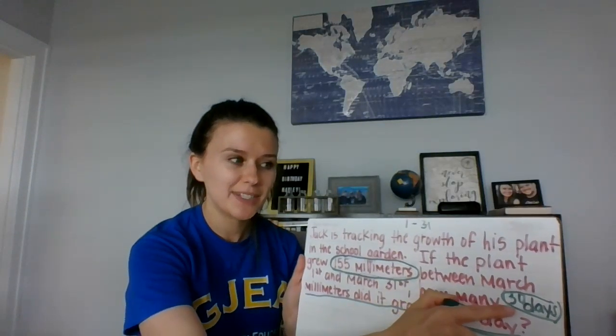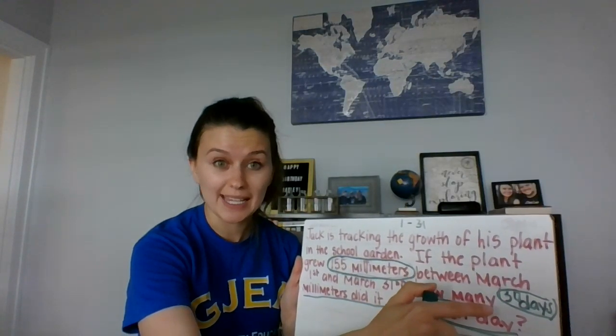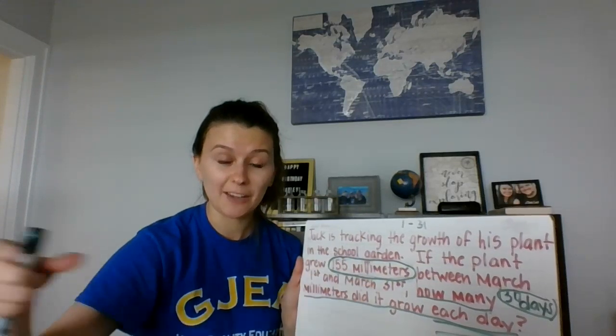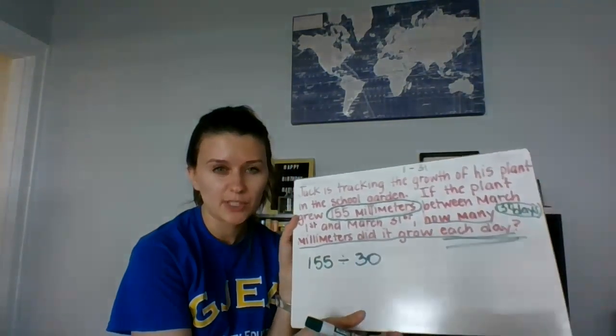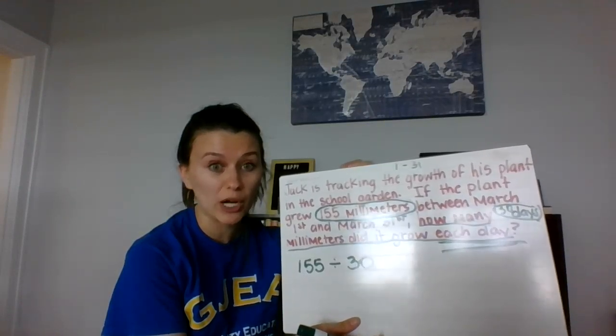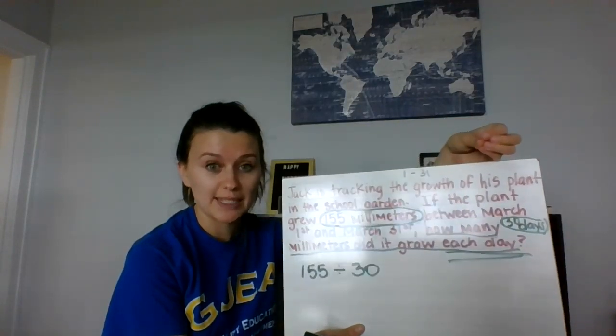And so because we're seeing how much it grew each day for 30 days, you would have to divide to solve that. So 155 divided by 30, because we're dividing that total growth over the 30 days.